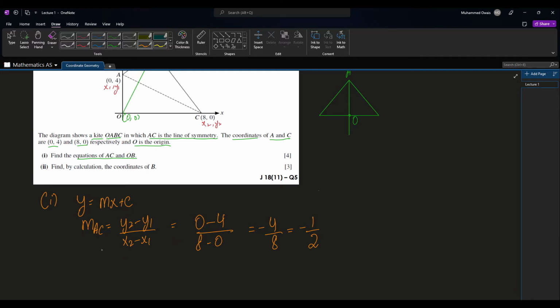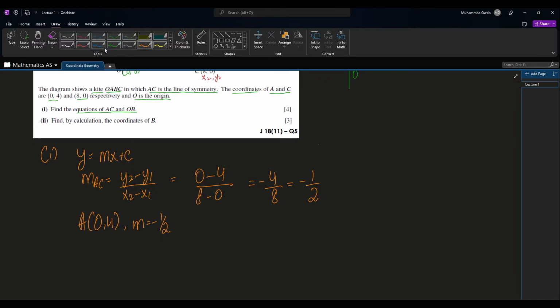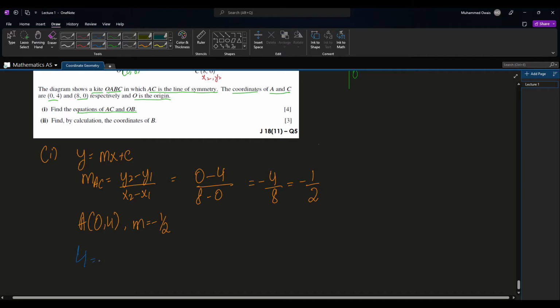Alright, now let us use this gradient to find the equation. We can use any one of these coordinates, either A or C. I'll use A, (0, 4), and the gradient is minus 1 over 2. Let's plug it into the equation y equals mx plus c. Y is 4, m is minus half, x is 0, plus c.